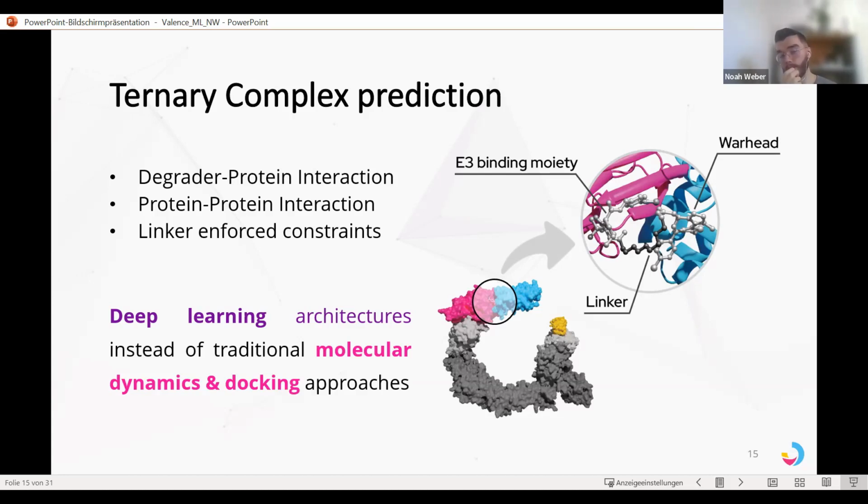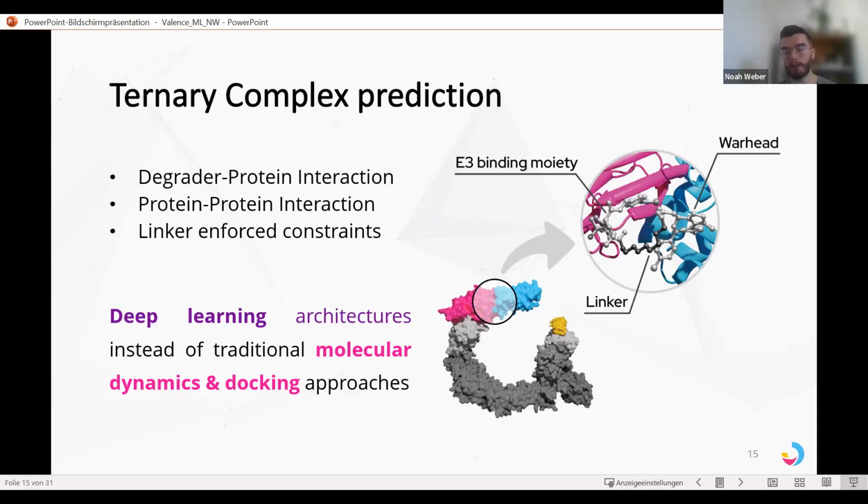If we want to model the stability, what we have done, and this is now going to be discussed, is that for most of these, for protein-protein interactions, as we already explained previously, we built a deep learning or geometric deep learning architecture in order to learn these interactions. The same is true for different types of energy, for example, Wiener energy, etc. But this is exactly what's coming in the subsequent slides.